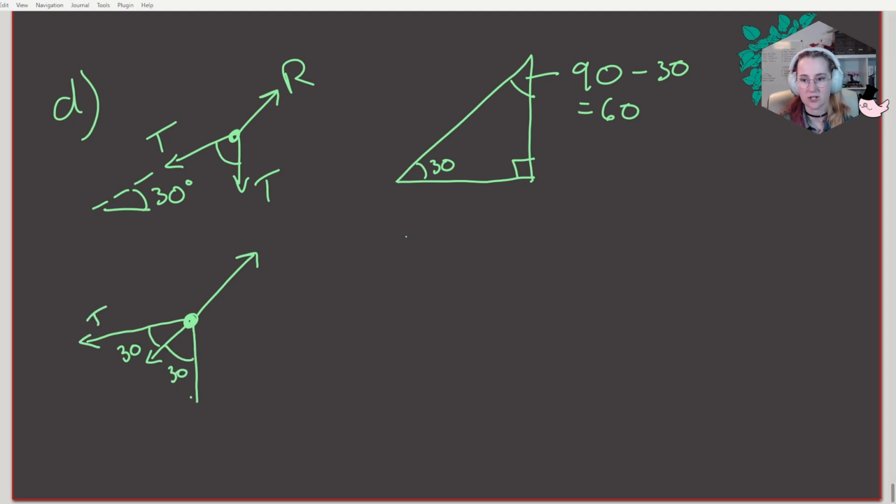Remember, T works in this direction, T works in this direction. So in between them is 2T, and then it's touching, so it's cos 30. I'm going to make that arrow way longer so that I have space to write. And this is R.